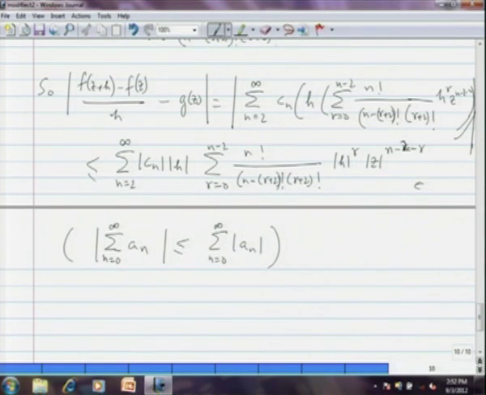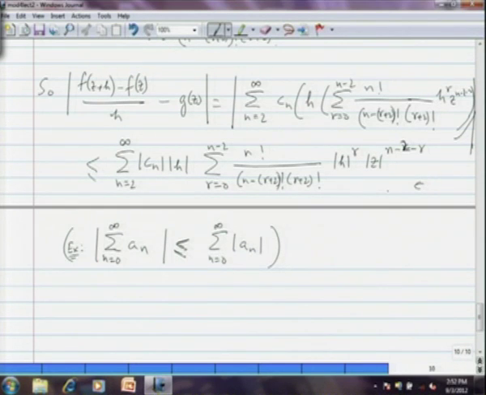Using partial sums one can prove this. So, this is an exercise. Using this we can go from the previous step to this step.